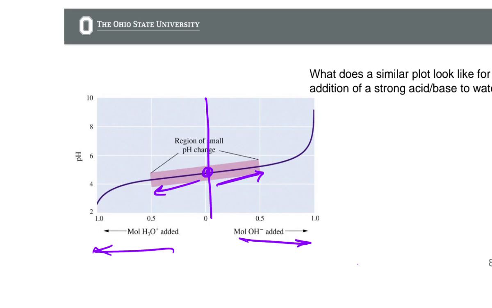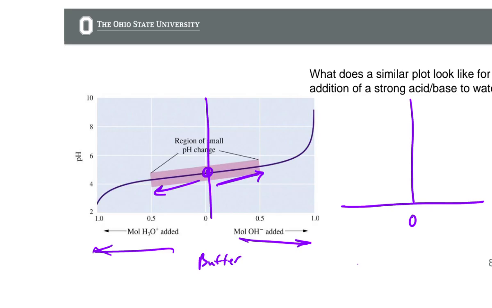So what if we instead, for comparison, did this for a solution that was nothing? We have water in a beaker, okay? Instead of a buffer. So this is for a buffer.